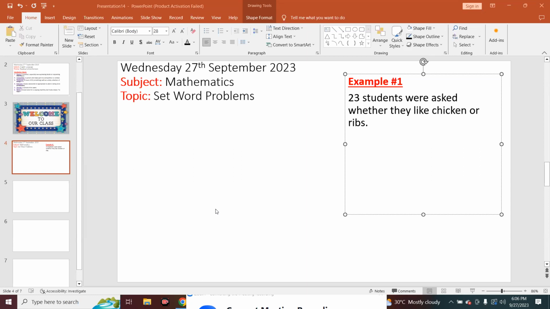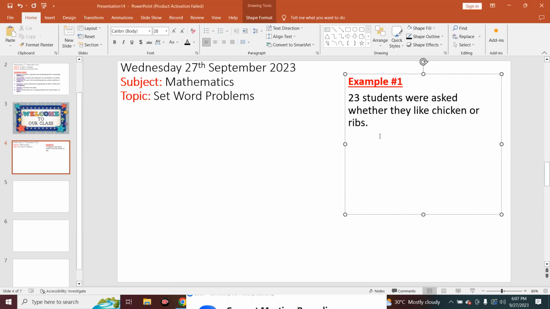Someone say both. Elias says ribs, chicken, ribs, chicken. Let me see, chicken and ribs. Chicken, ribs, you don't like chicken, okay. Latalia, chicken. Zaria, chicken, okay. It's a lot of chicken in there, so I think chicken has more.